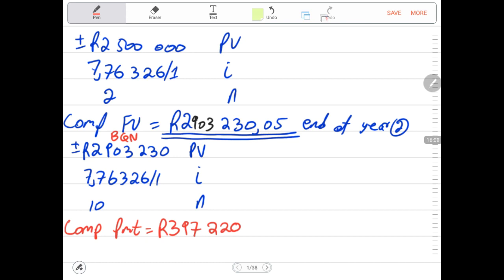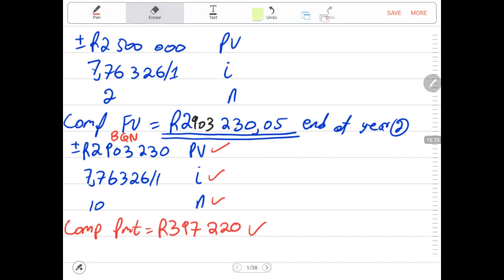So now these are the PMTs, and I want you to keep your answer as it is because we might need to use the mod function. When we need to use the mod function, we need to make sure that we have the PV, we have I, we have N, and PMT. Then we can use the mod function, AMRT, where we want to know the balance after a certain number of payments were made.